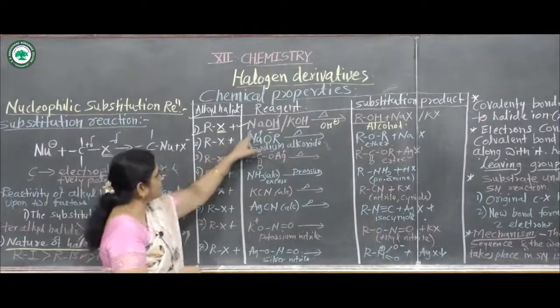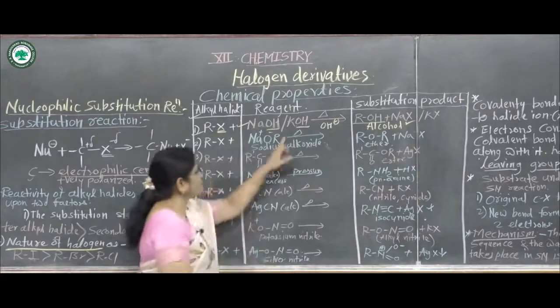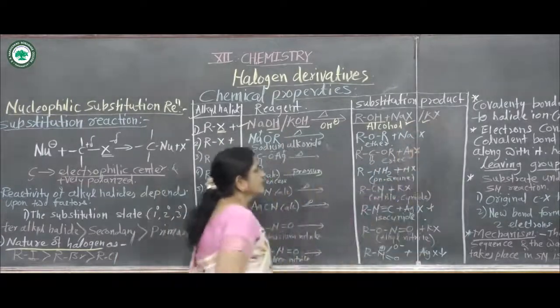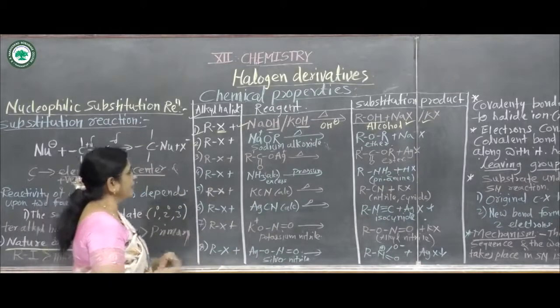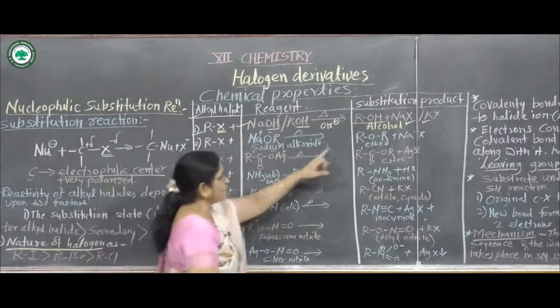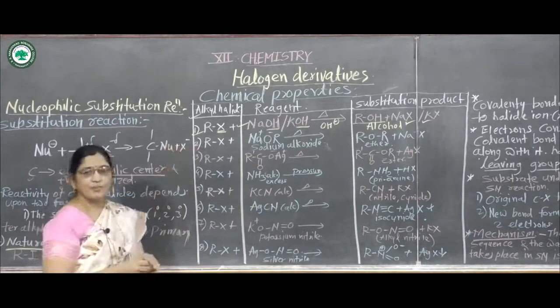If it reacts with sodium hydroxide, it gives sodium halide. If it reacts with potassium hydroxide, it gives potassium halide. In this way, in the first reaction, an alkyl halide reacting with sodium hydroxide or potassium hydroxide forms alcohol.